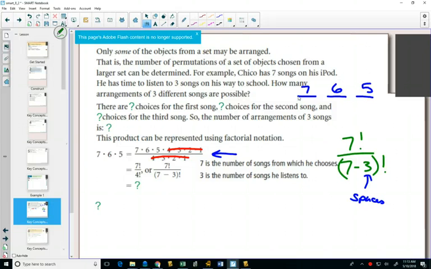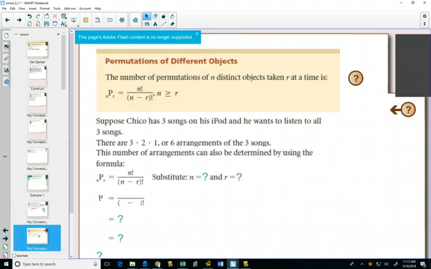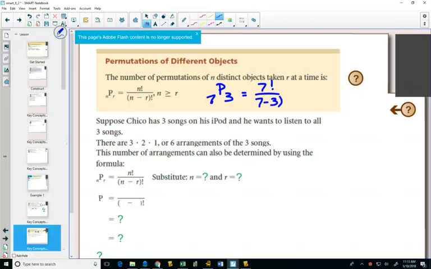And this we write as a permutation. The formula for a permutation, which is in the box, is nPr is n factorial over n minus r factorial. So for Chico's playlists, it would be, oh, that's not a C. That's a C, not a P. 7P3, which is just the same as 7 factorial over 7 minus 3 factorial, which you might realize that's the same as 7 times 6 times 5.